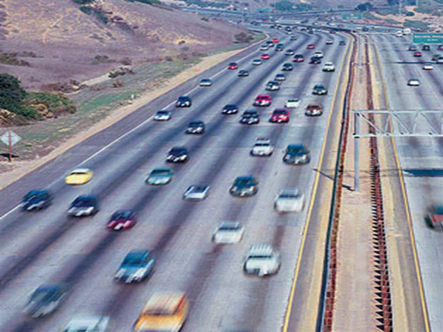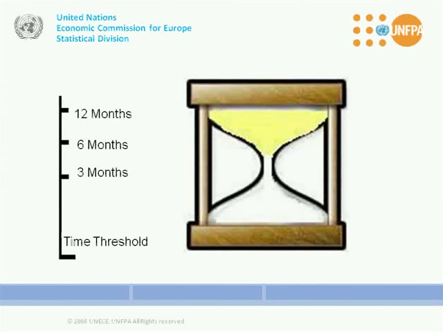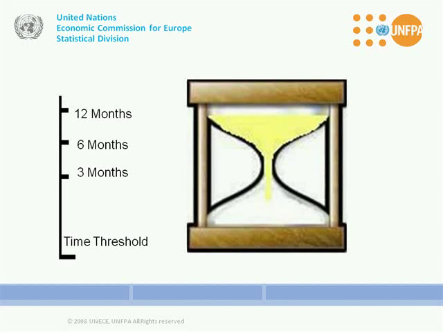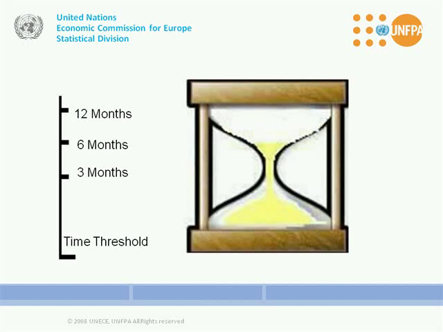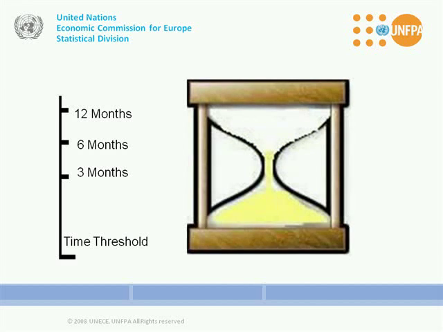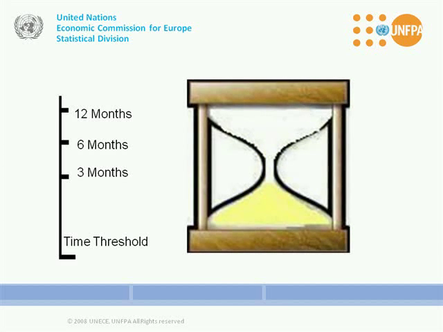All countries that adopt the concept of usual residence make reference to a time threshold: 3, 6, or 12 months. Each country may have different views on how long the threshold should be. This depends on the purposes for which the statistics are to be used.